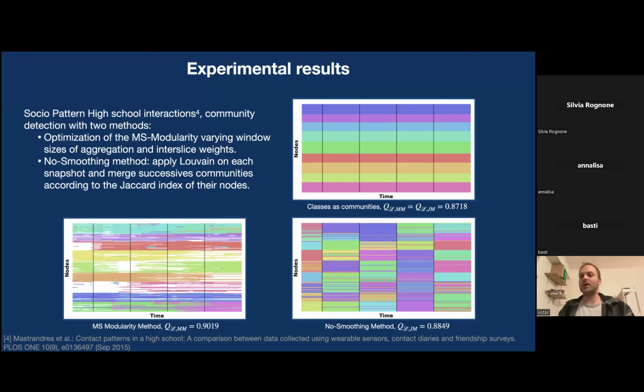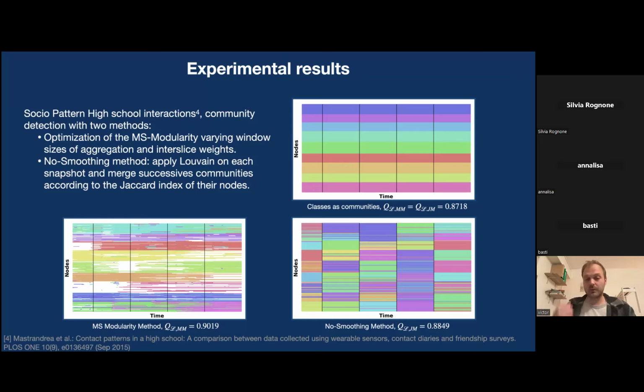And we did the same with another community detection method, what we call the no smoothing method, which is again aggregating data into snapshots, applying static modularity, static Louvain, on each snapshot, and then merging communities from snapshot to snapshot according to the Jaccard index of each pair of communities.